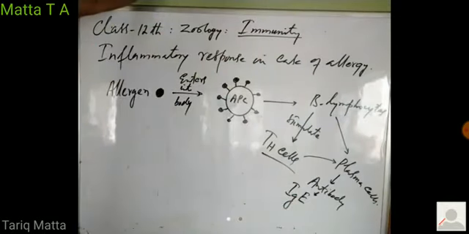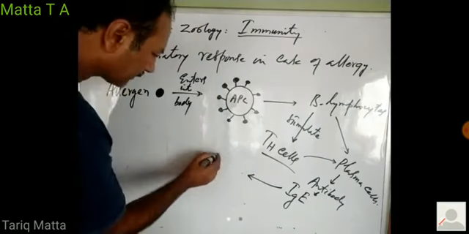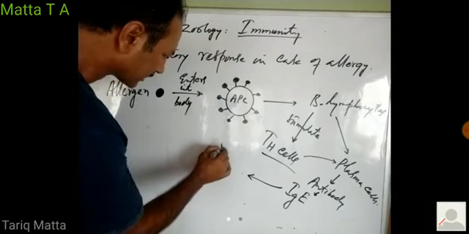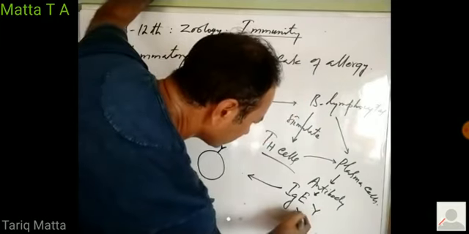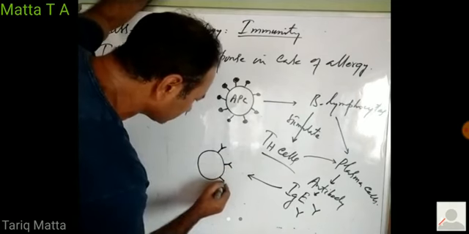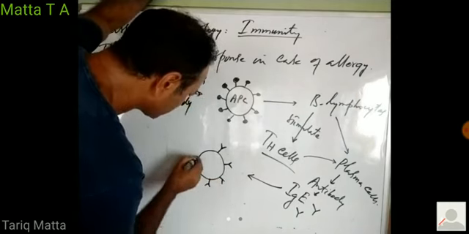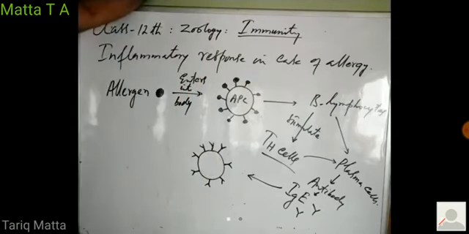So when this immunoglobulin E antibody is formed, it binds to a mast cell. This is immunoglobulin E antibody. It binds to a mast cell.